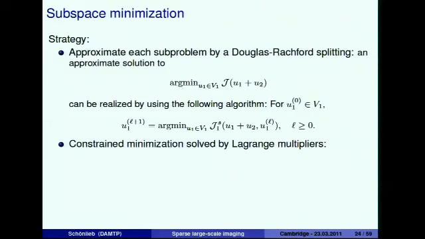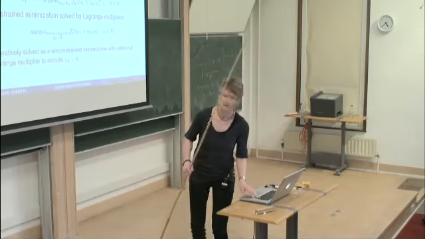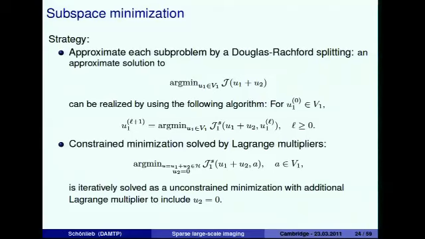And now I reformulate this problem, which is a constraint minimization problem. We are minimizing over the subspace V1. We are reformulating this into a minimization problem over the whole Hilbert space H, only looking at potential minimizers, or restricting our admissible sets of minimizers, to those whose projection on the second subspace is 0.